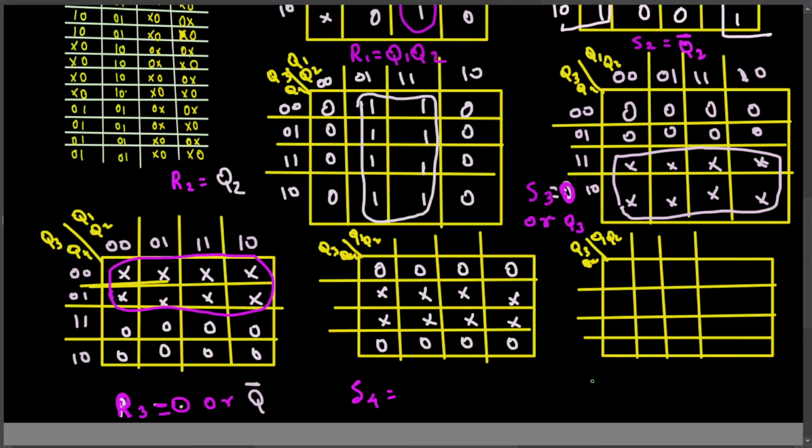So here also we have two possibilities. Either you can make it 0, or you can make all these don't cares into ones and connect them together. So let's do that one as well.